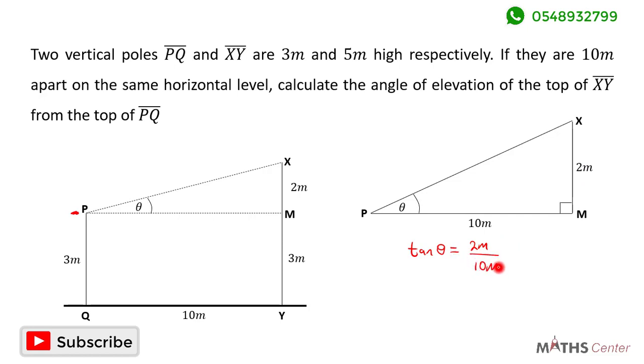Meters and meters will be gone. 2 will cancel itself once and cancel 10 five times. And so this will be equal to 1 divided by 5. So tan theta is equal to 1 divided by 5.